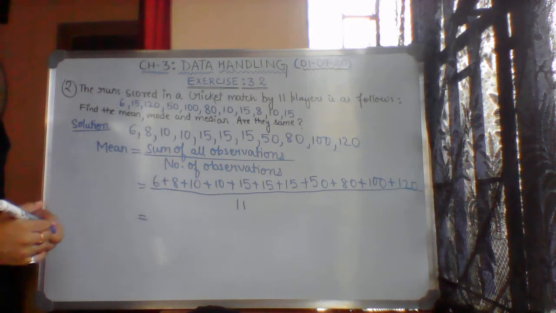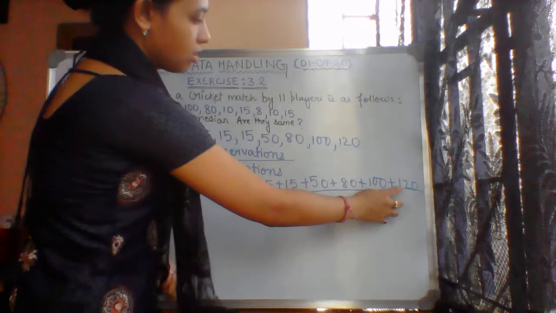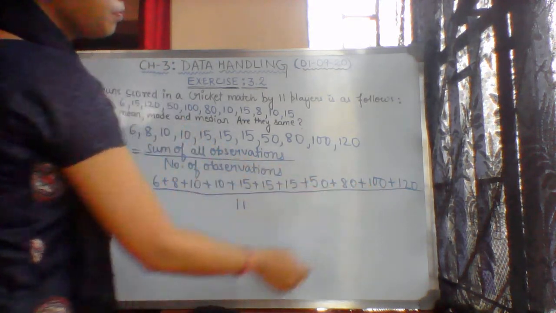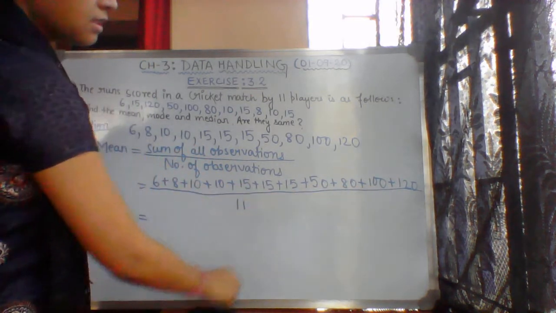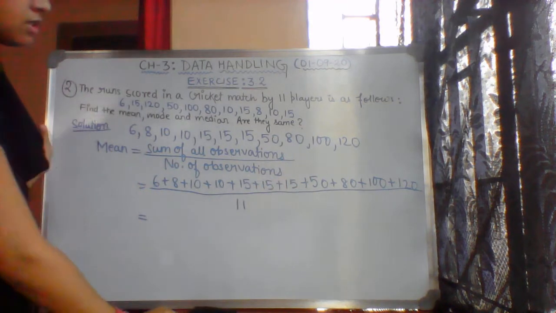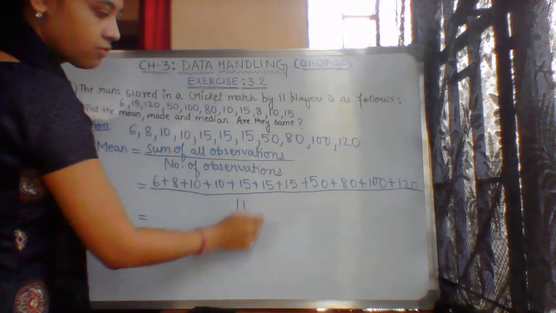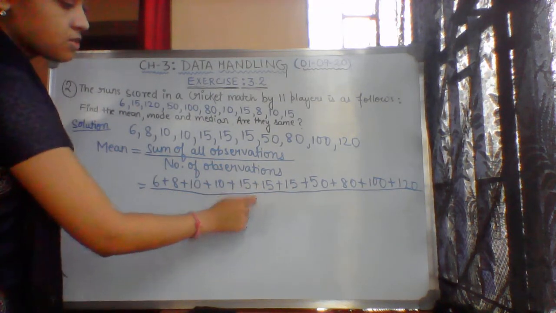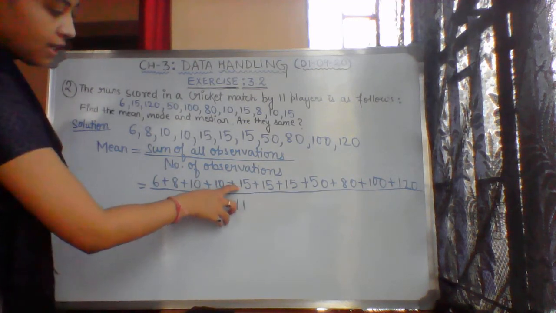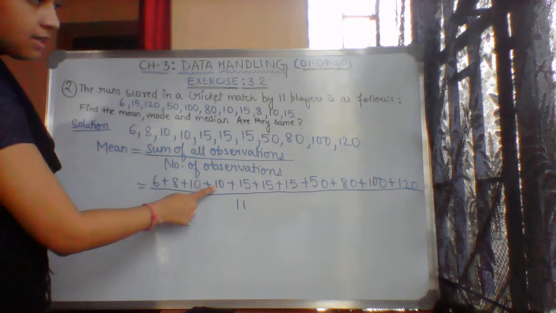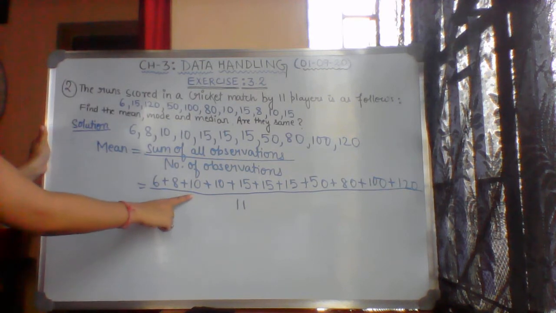Now you add up. How much will you get? Firstly, 120 plus 100, 220, plus 80, 300, plus 50, 350, then plus 15, 365, plus 15, 380, plus 15, 395, plus 10, 405, plus 10, 415.